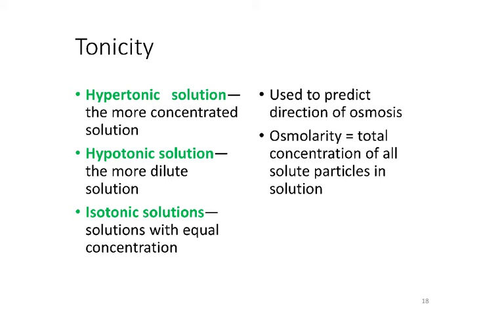And a new term, osmolarity, is the total concentration of all solute particles in solution. Molarity is the concentration of one thing. Osmolarity is the total concentration of all solute particles in a solution, and that comes into play for tonicity.